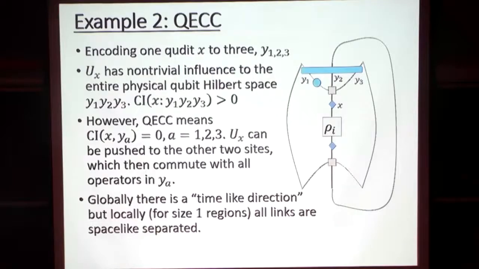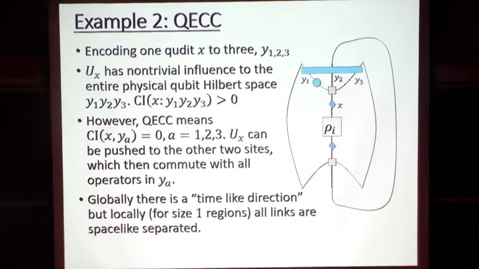Okay, so going back to this quantum error correction code example, this tells me there's a key difference from the classical case. In the classical case, if I give you spatial regions and ask whether anything that happens in this region influences anything in that region, you just need to look at pairwise points.